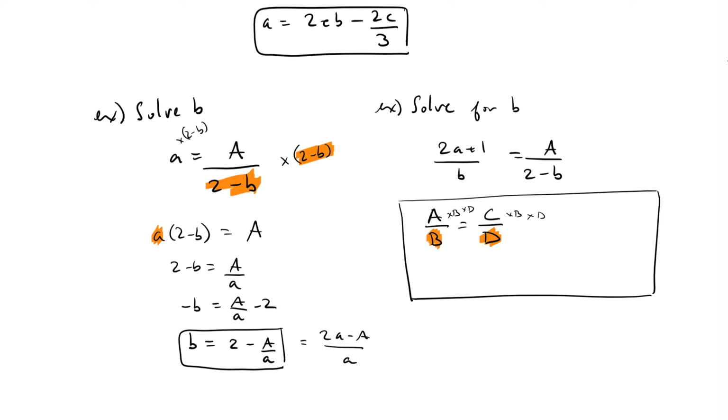Now on the right hand side, I've got b over b. That's 1. So they cancel out. So I'm just left with ad on that side. And on the other side, I've got d over d, which is 1. So I'm just left with cb.